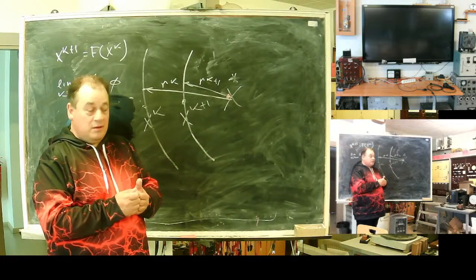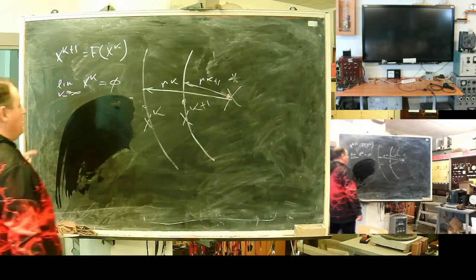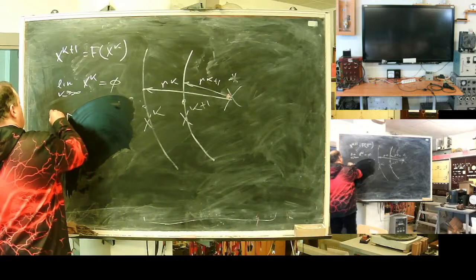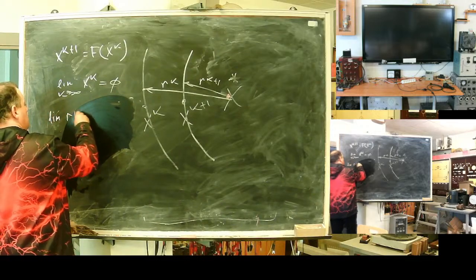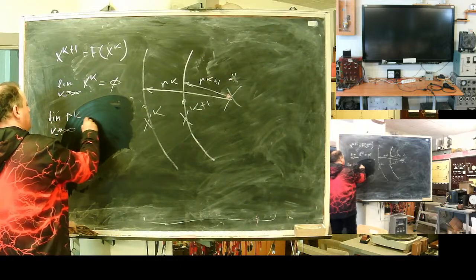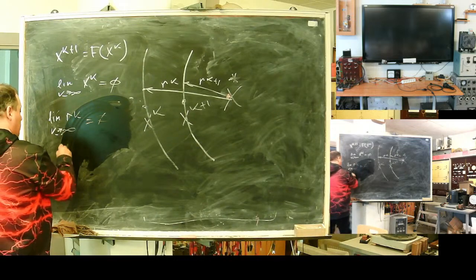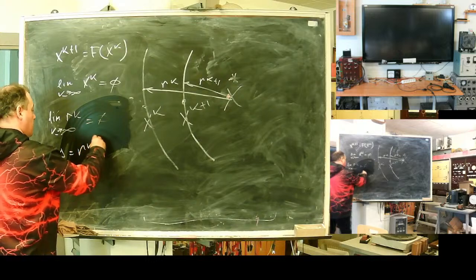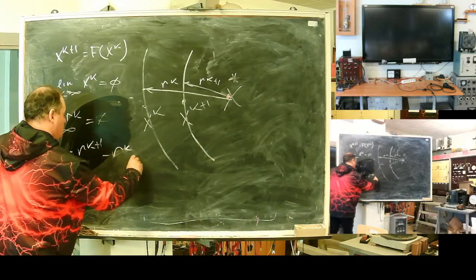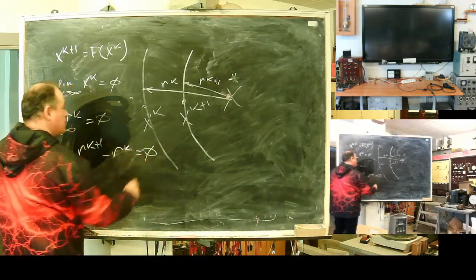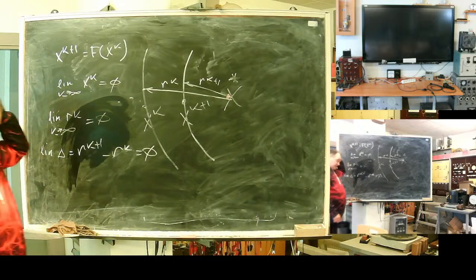This means that at the end r is 0. Yeah? Because I will be at the point. And delta, being next minus previous, is also 0. But the process converges.